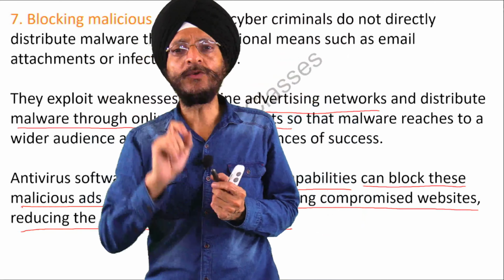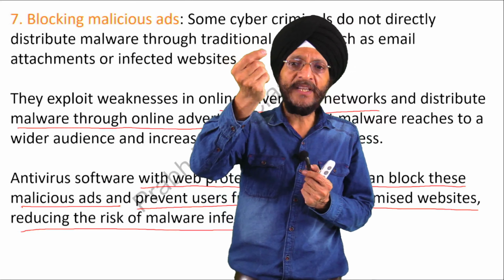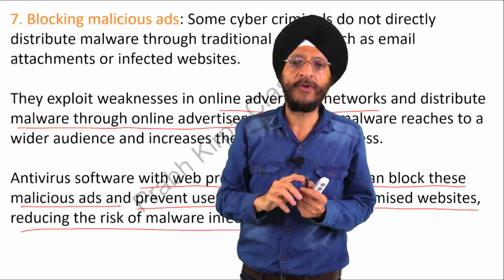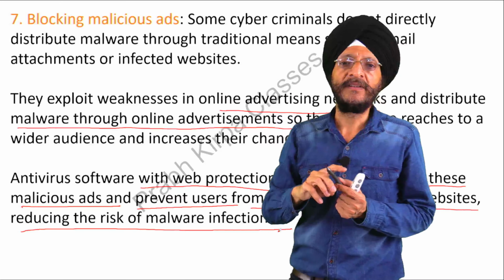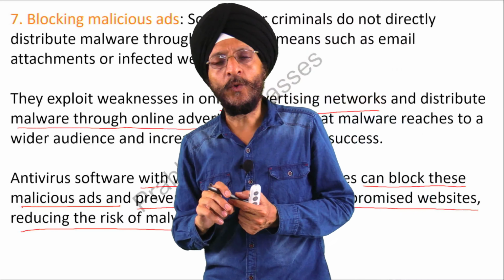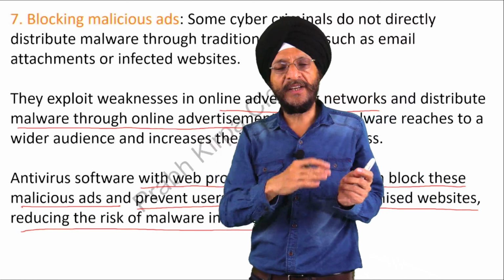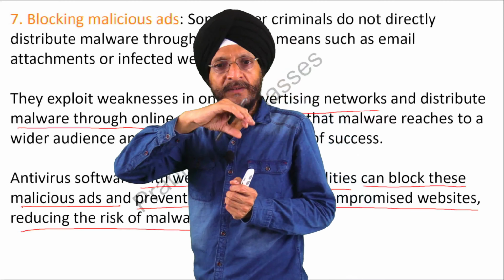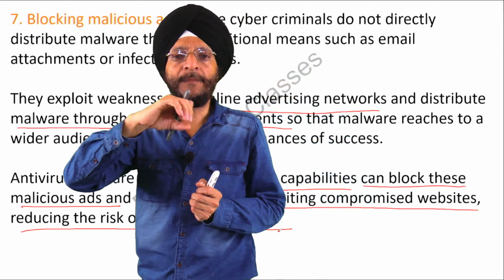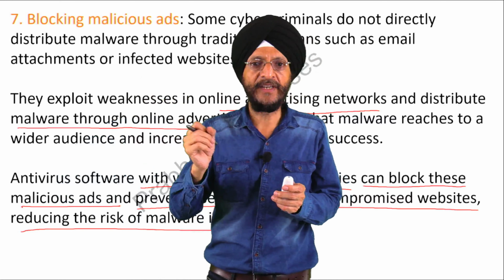And when you click on those online advertisements, some malicious software may be downloaded on your computer system, and then the cyber criminal will be in a position to carry on its malicious activity, such as deleting your files, carrying out theft of personal data from your computer system, or identity theft, etc.